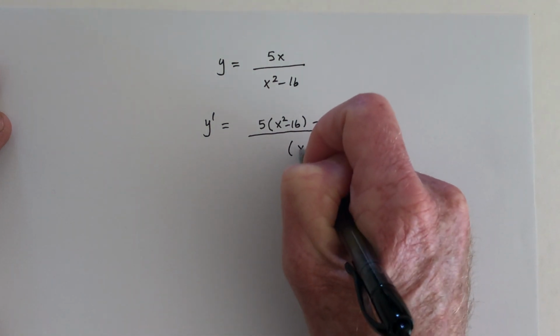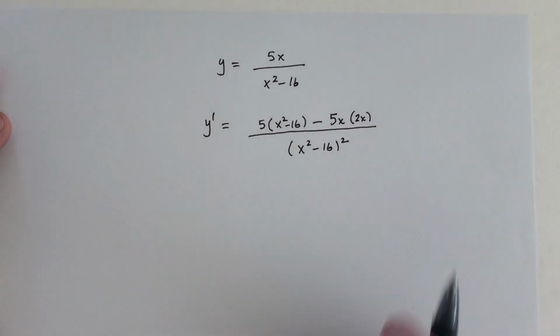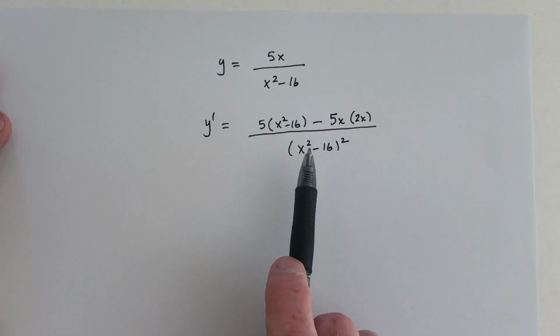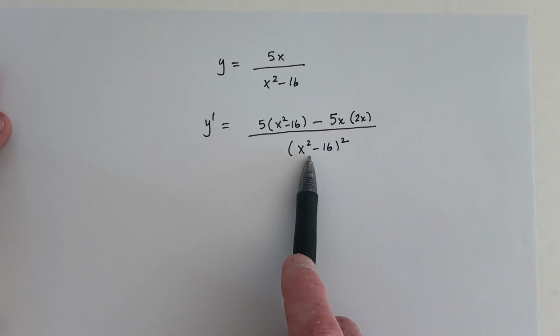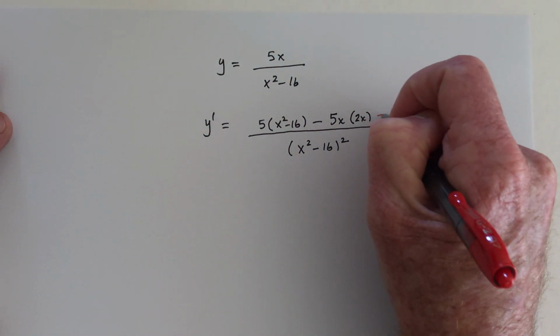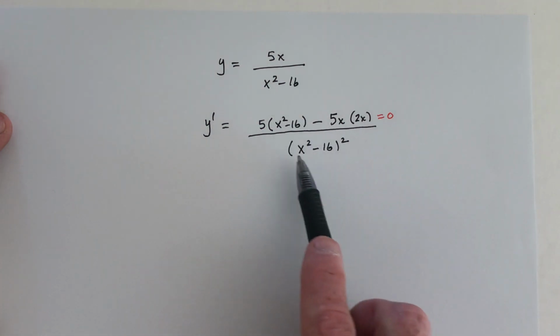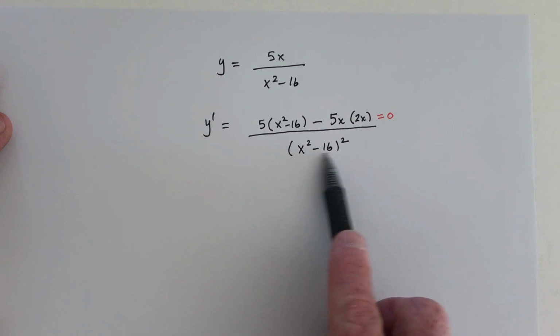And then the bottom gets squared. And because I already put the bottom equal to 0 on the last page, I don't have to do that again. All I really need is, when does the top equal 0? So even though it looks like this is a mess, we already did this work, so we don't have to redo that.